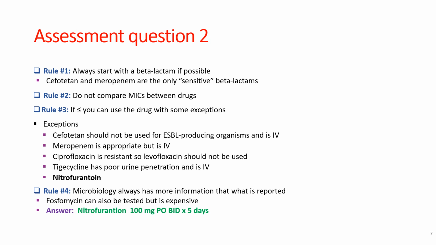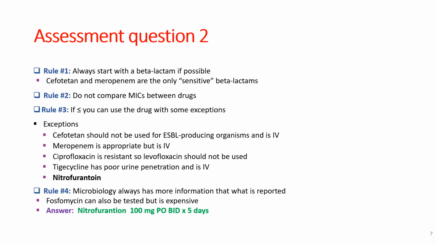For deciding whether meropenem can be used for this particular case, consider rule number 2. Do not compare MICs between drugs. So meropenem is appropriate, but it is IV. So even if it is sensitive, applying rules number 2 and 3, we will avoid meropenem.